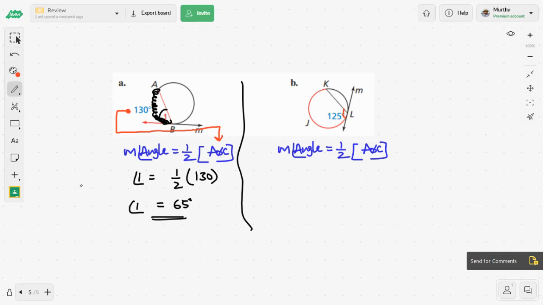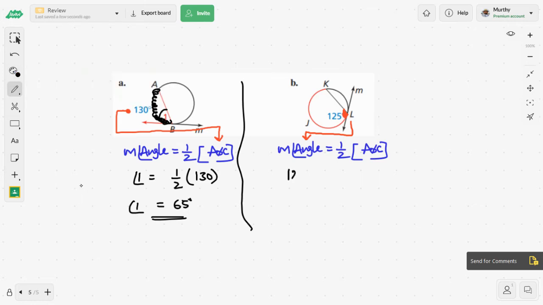So this is the angle, this is not the measure of arc, right? Therefore, does it go here? The answer is no. And if you want, feel free to draw this kind of arc so that you can avoid a lot of confusion.